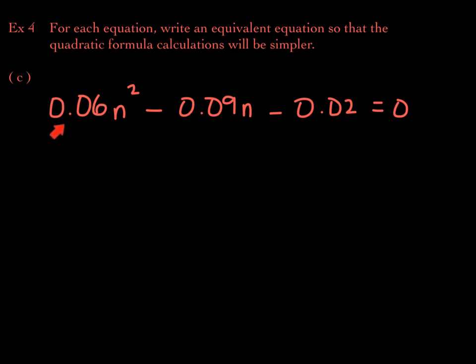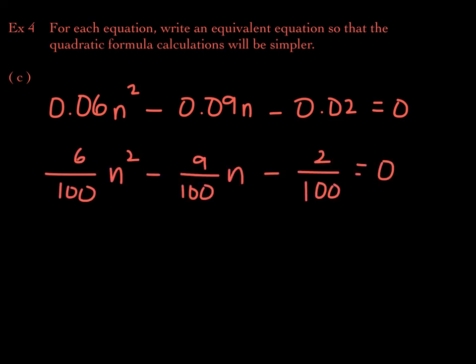Now, what would get this decimal point to move 2 places to the right? If you multiply each term by 100. After all, 0.06 is 6/100ths, 0.09 is 9/100ths, and 0.02 is 2/100ths.